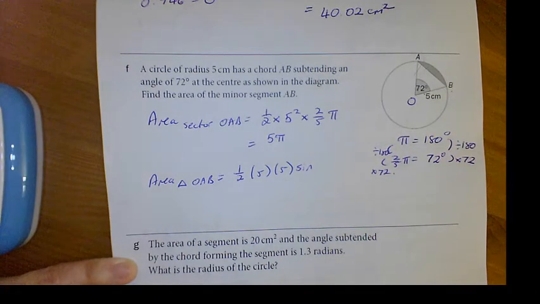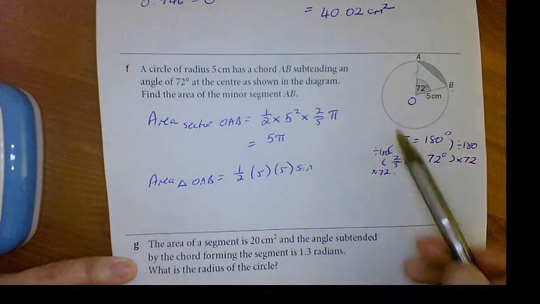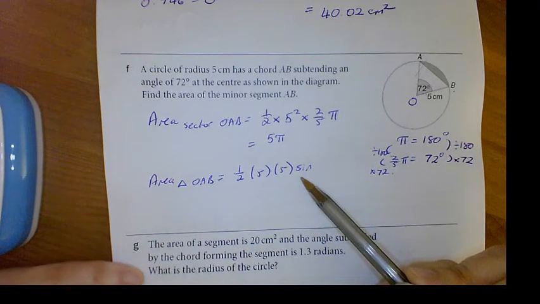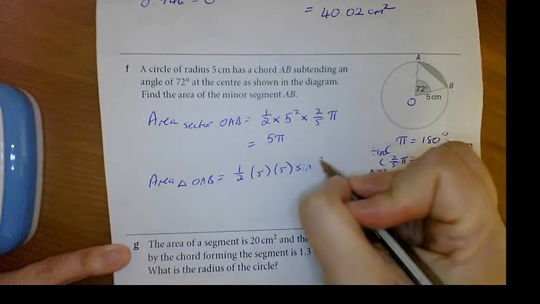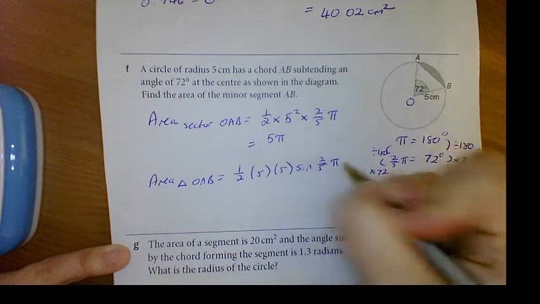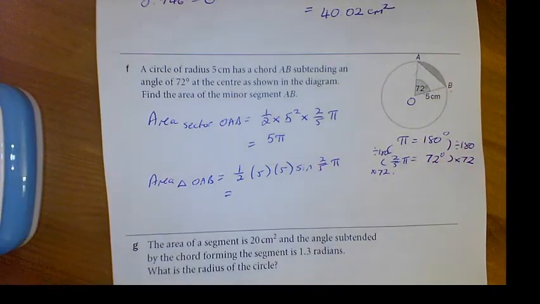Now in this particular case you've got two choices. You can either put your calculator into degree mode and use 72, but remember if you're in radian mode then you need to put the radians in. Now my calculator is in radian mode, so I'm going to put it into radians.